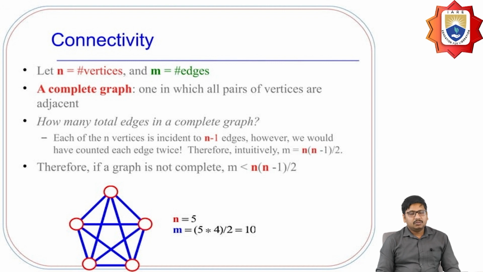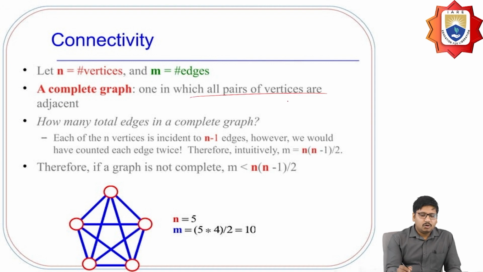Connectivity: let n be the number of vertices and m be the number of edges. A complete graph is one in which all pairs of vertices are adjacent. So what is the equation for the total number of edges in the complete graph? It should be written as m equals n into n minus 1 by 2. If the graph is not a complete one, the value should be less than m.